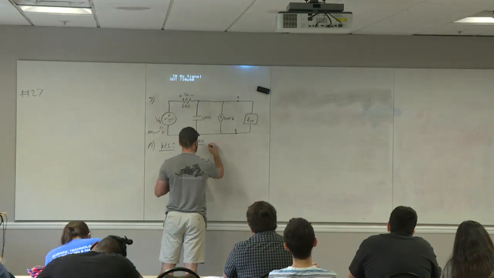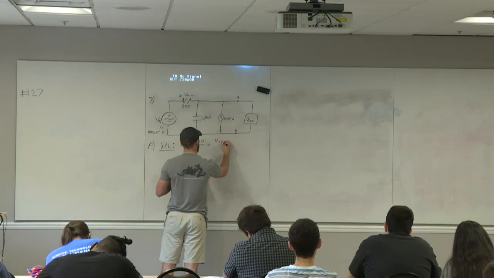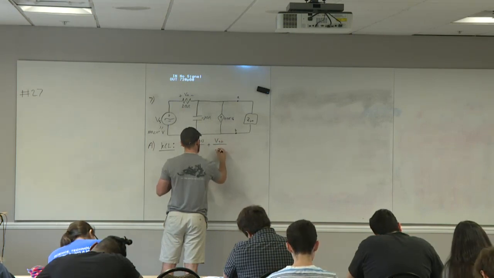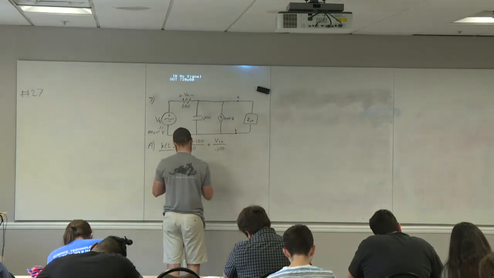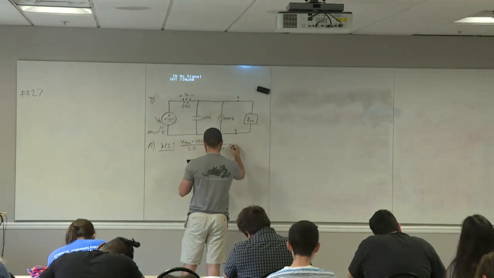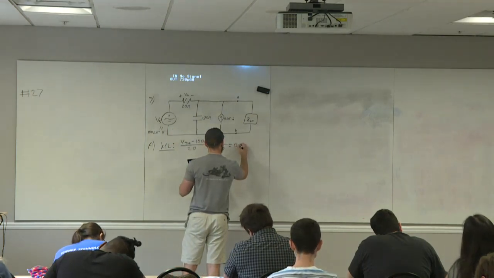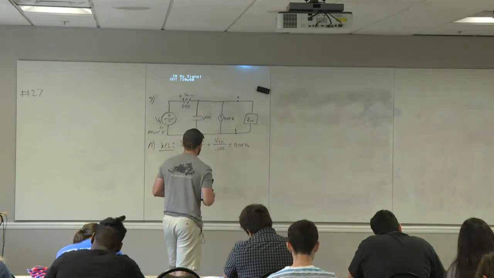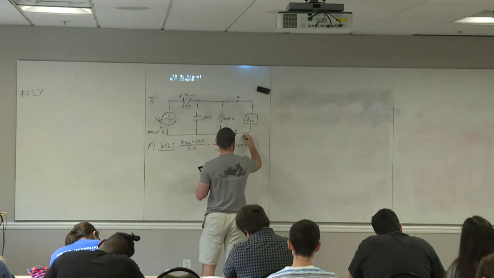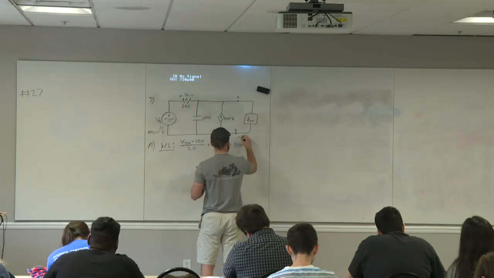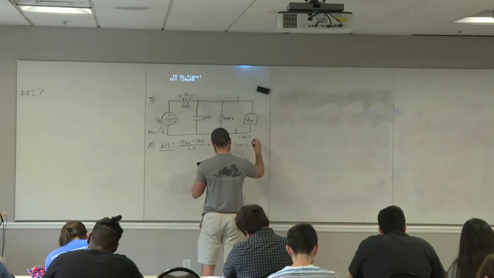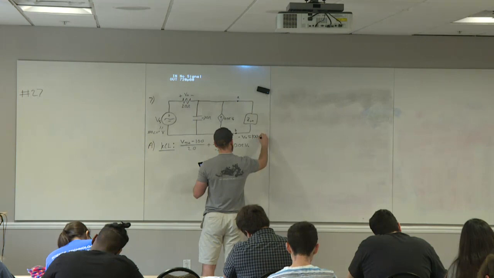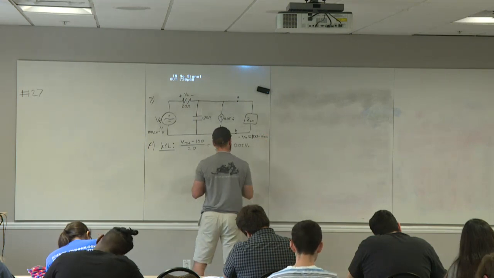Let's continue. Plus VTH over negative J10, and that's equal to 0.05 Vx, and we know that Vx is equal to 100 minus VTH.